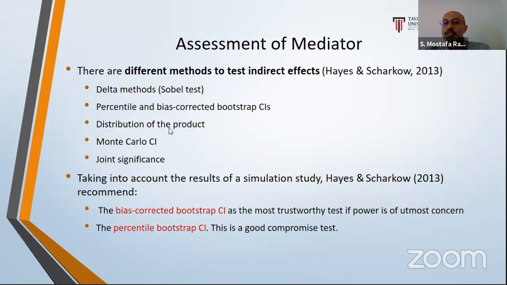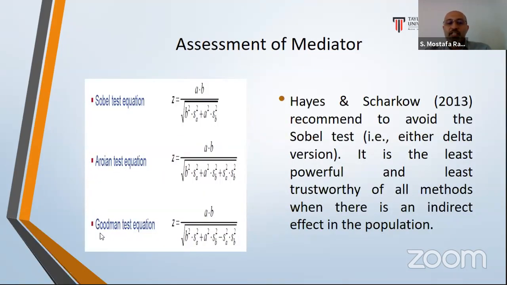Under delta methods, we have the Aroian test and the Goodman test, and the formula to calculate significance of the product of coefficients AB is different. Using the Sobel test, Aroian test, or Goodman test, we calculate significance of AB, the product of coefficients.